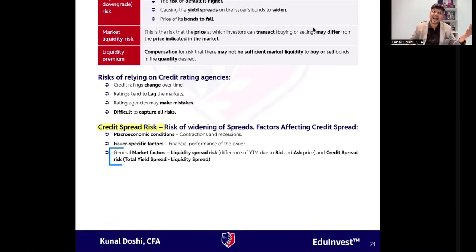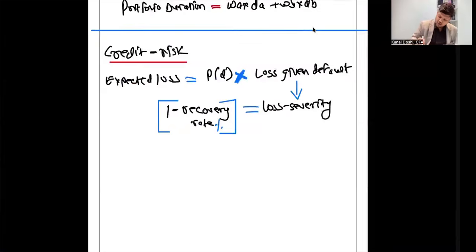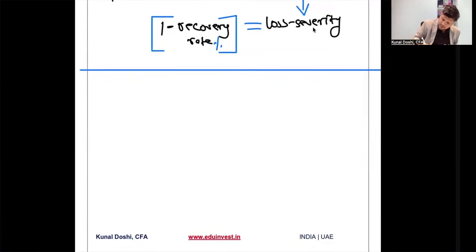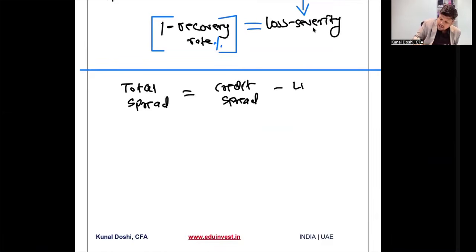It is due to credit and liquidity. So we write down one interesting thing. Total spread is equal to what? Total spread of the bond is due to credit and liquidity spread.